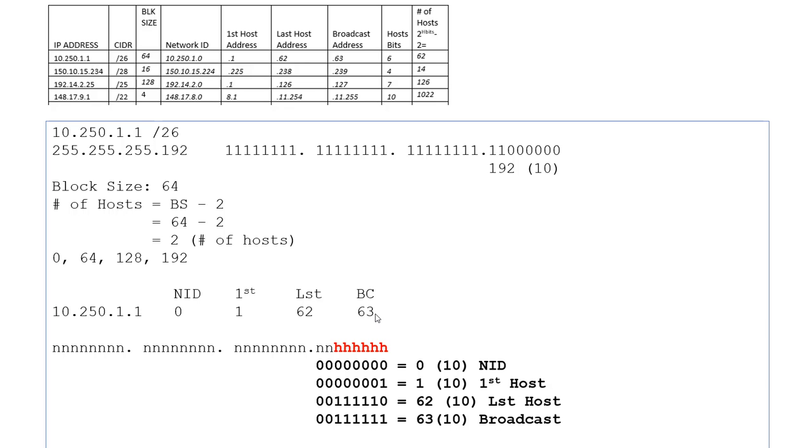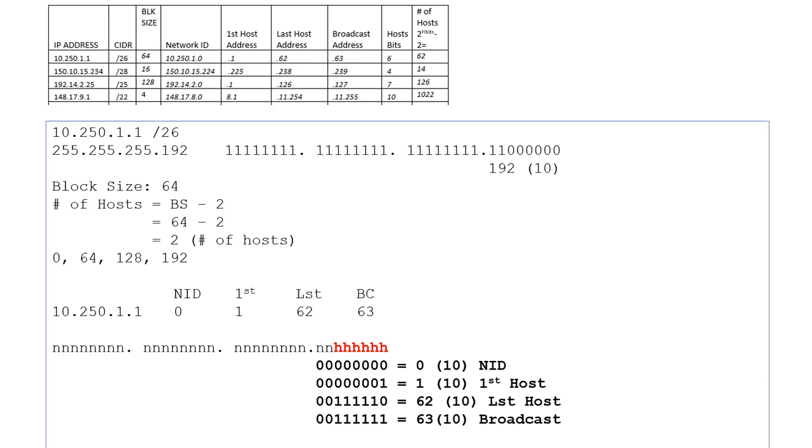Okay. Again, we had 6 host bits. And if you were to do 2 to the 6 minus 2, that would give you 62 hosts. Okay? 62 hosts. All right.